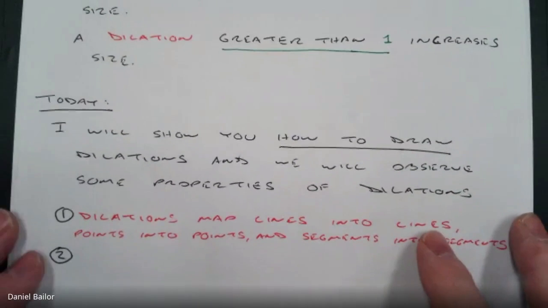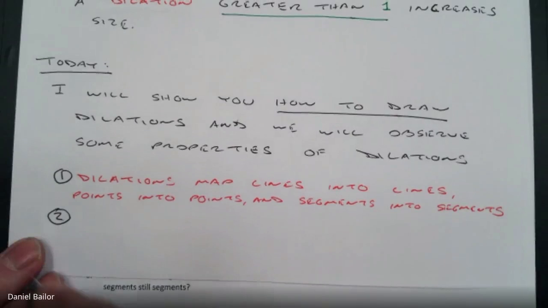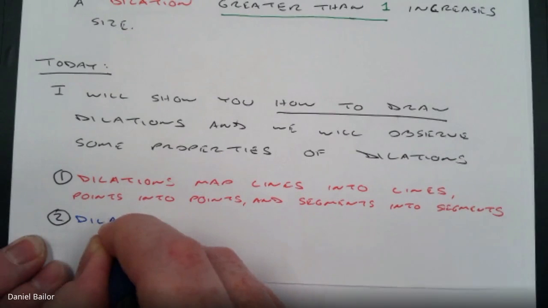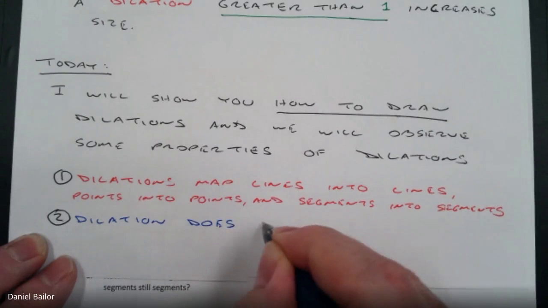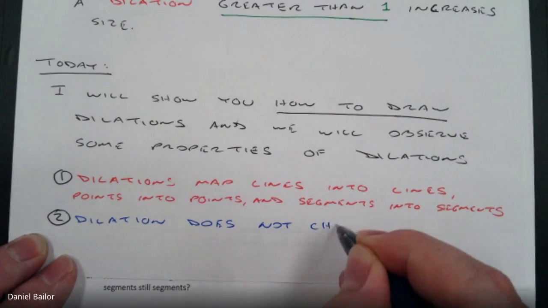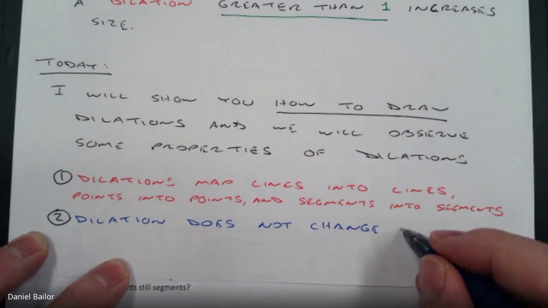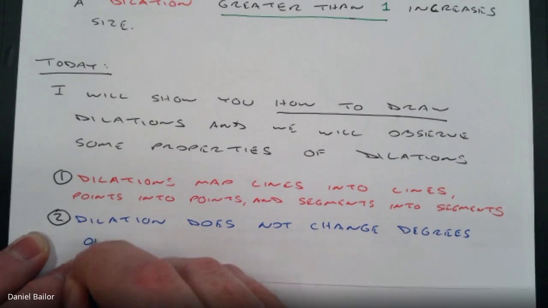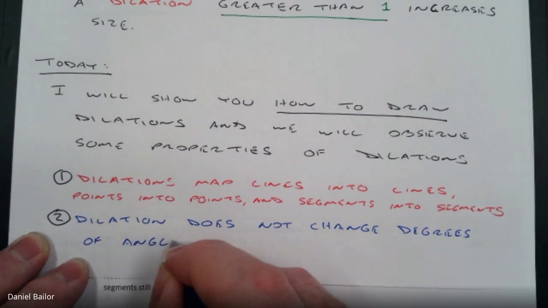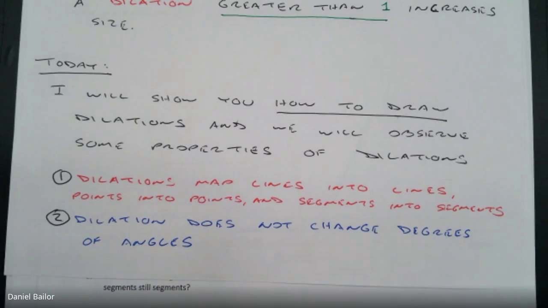Property number two: dilation does not change the degrees of angles. Yes, it changes the size of the sides, but it does not change the degrees of the angles.